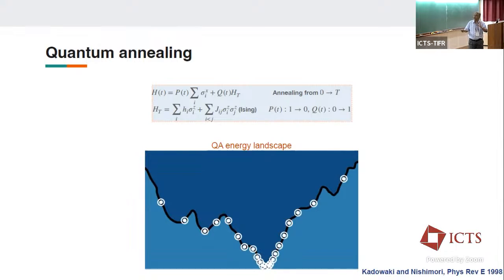So the Hamiltonian was initially in sigma x. That's why I said it's a model space. In that sense, it is a model space P. Now I think I got it. Finally, P will be 0 and Q will be 1. But between 0 and T, the values can change. If the adiabatic theorem holds, then it will strictly be in the ground state. But that doesn't always happen. Yes, please.